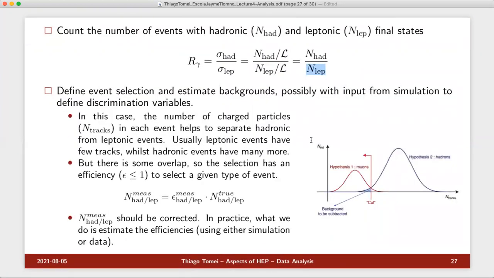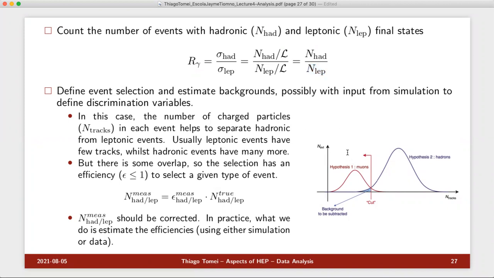So one thing that helps us to separate is that events with a large number of charged particles come from hadronic processes, and events with a small number of tracks come from leptonic events. But this may not always be the case. Sometimes, as I said, there is noise.